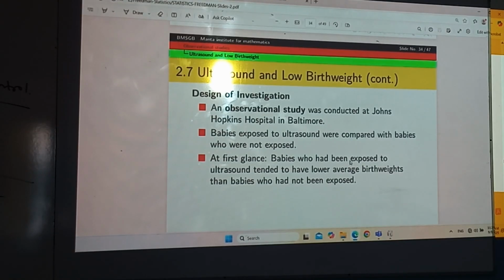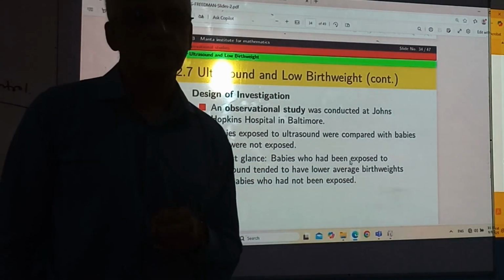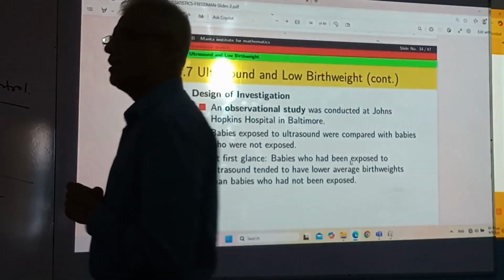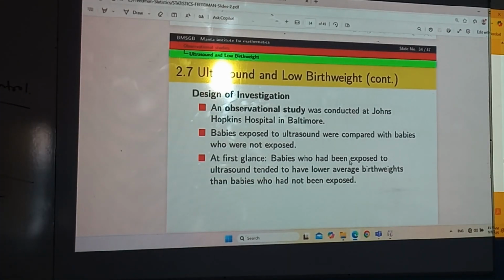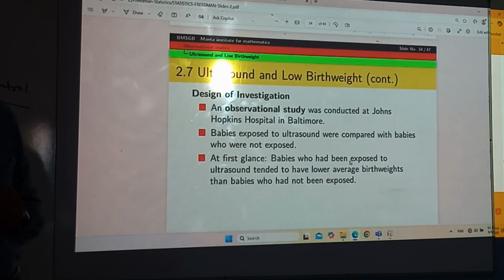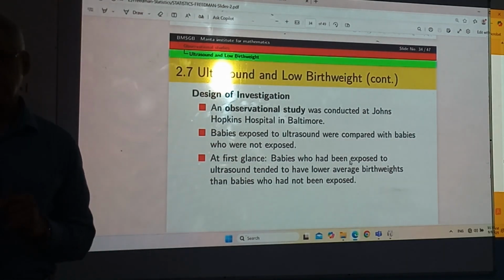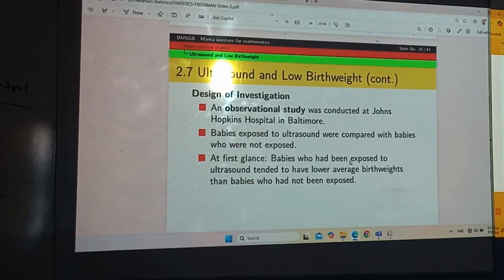They looked at the birth weight of these two groups of children. They found out actually there is a difference, right? The average birth weight of children who were exposed to ultrasound was less than the average birth weight of children who were not exposed. So it was a concern. It looked like what they observed in animals was prevailing in humans also.